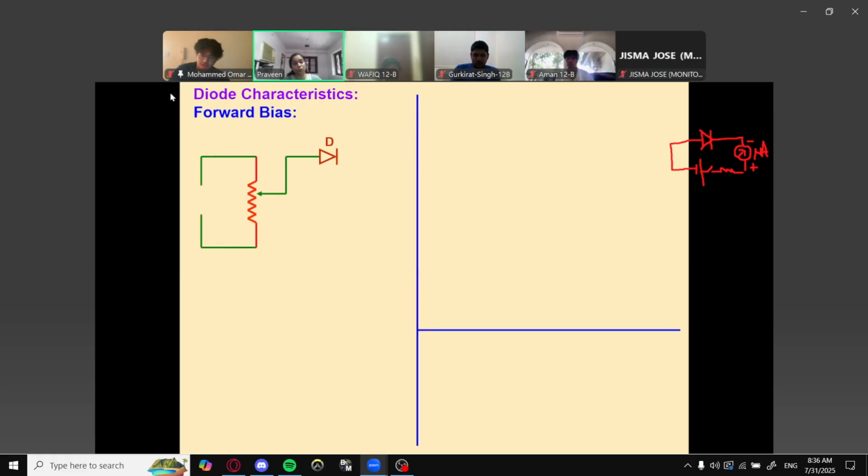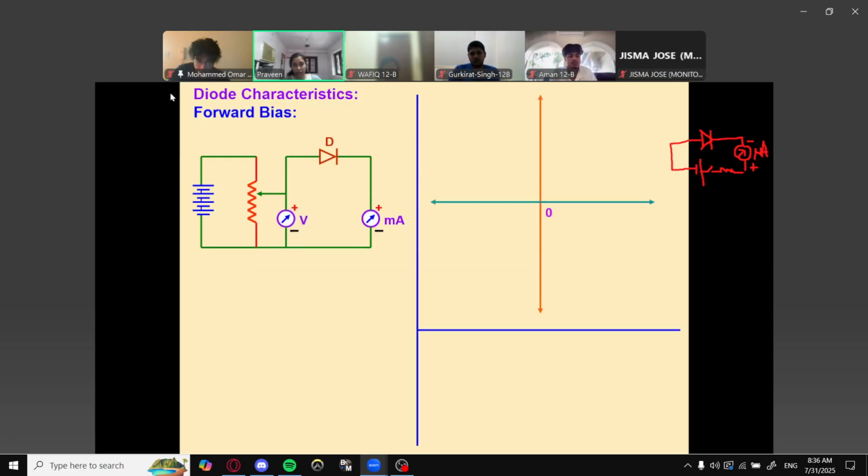It's a non-ohmic device. Means what? It will not follow Ohm's law strictly. This is a simple diagram that you will utilize in order to find the diode characteristics, forward bias characteristic and reverse bias characteristic.